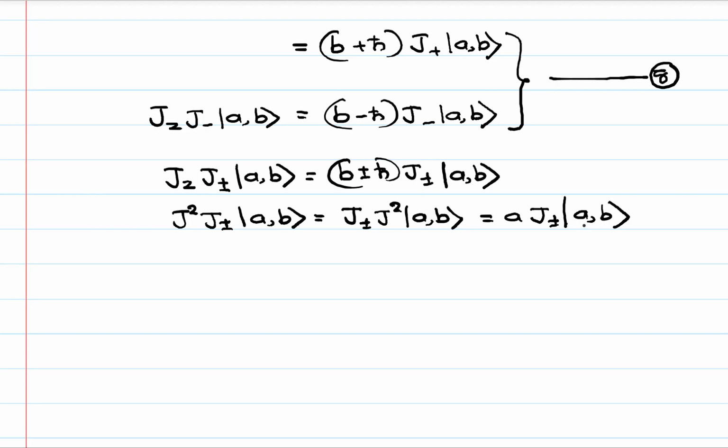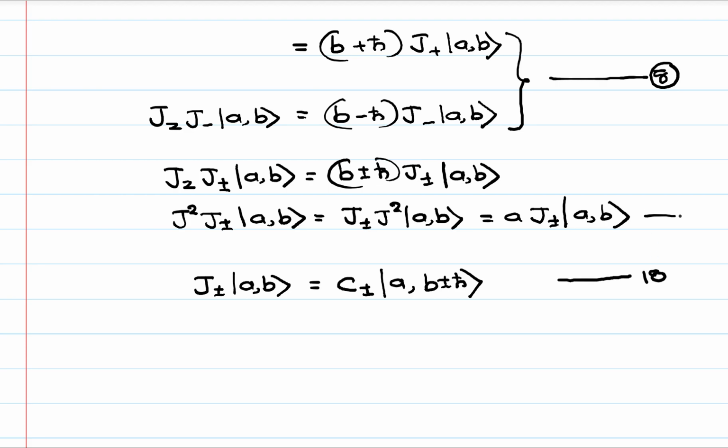The eigenvalues of a are not changed, only b is changed. So J±|a,b> are simultaneous eigenkets of J² and Jz. Okay, so we can write J±|a,b> is equal to C±|a, b±ħ>. This is equation number 10.